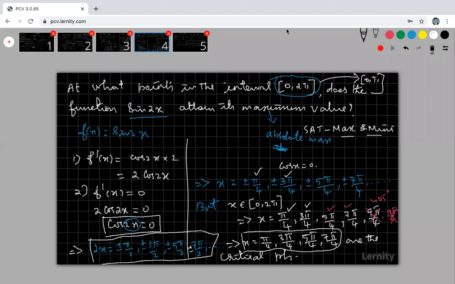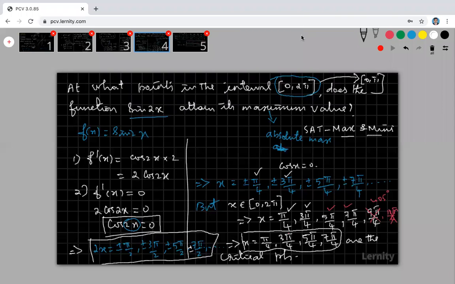Are you understanding my question? Suppose I am restricting my interval to 0 to pi, instead of 0 to 2 pi. So only pi by 4 belongs to this 0 to pi, and 3 pi by 4 also belongs to 0 to pi. But 5 pi by 4 does not belong to this 0 to pi.